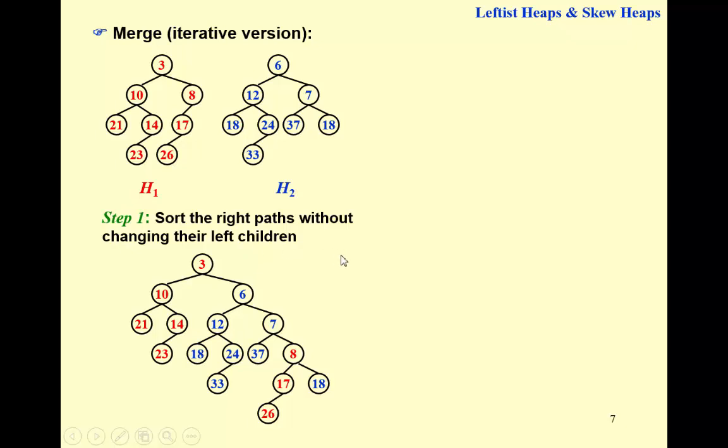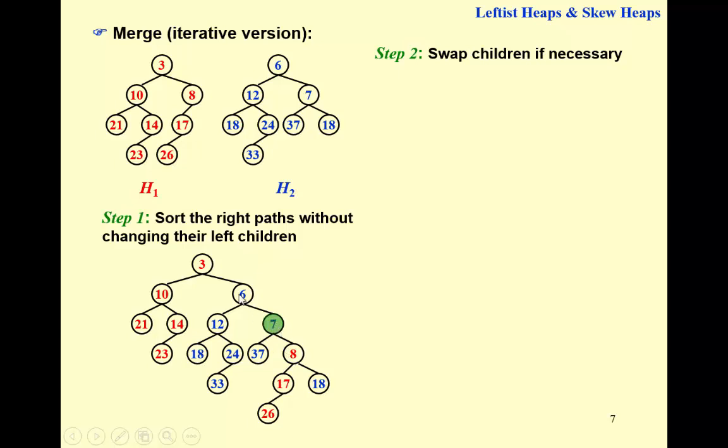So this is step 1, but obviously this is not a leftist tree. So what we do is we begin to update the NPLs along the right path from bottom up and swap children if necessary. So while we are updating NPLs from bottom up, this one is not changed, and this one is okay, but it's not okay for the node 7, right?